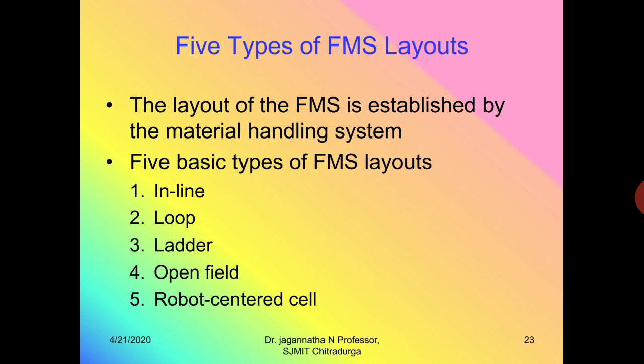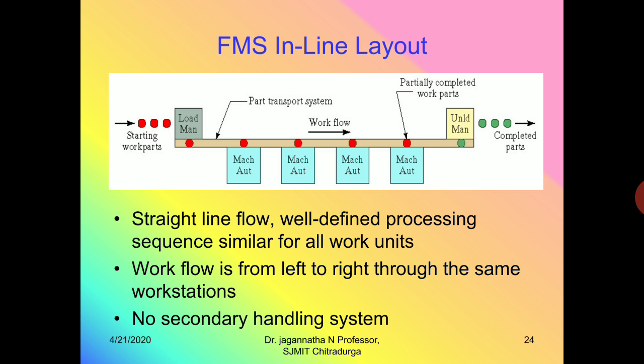The classification of flexible manufacturing systems depends upon the layout. On the basis of the types of layouts, FMS is classified into five categories: inline FMS, loop FMS, ladder FMS, open field, and robot centered.